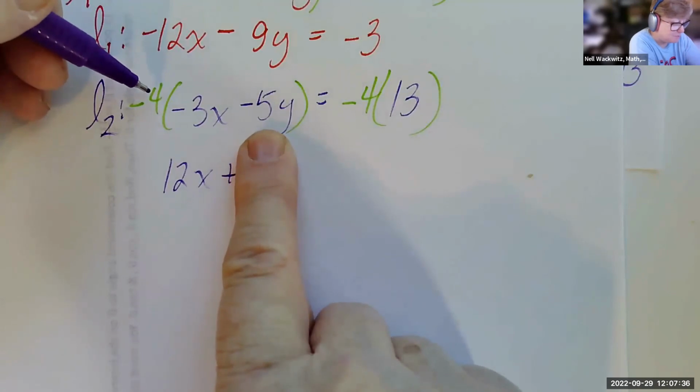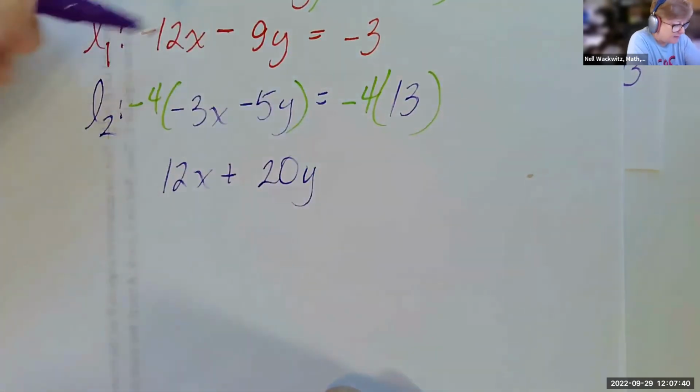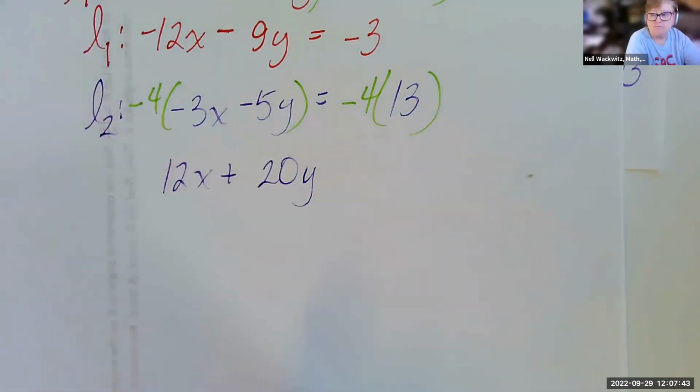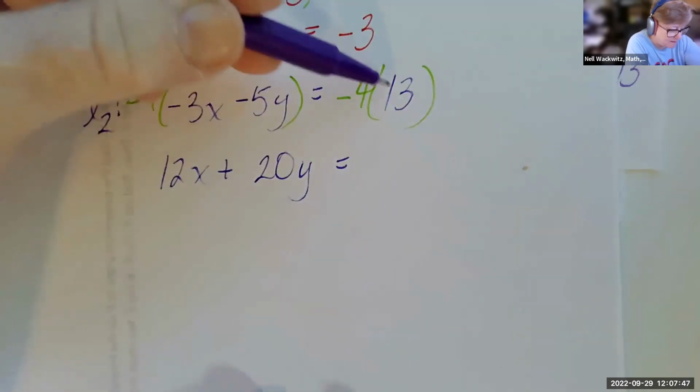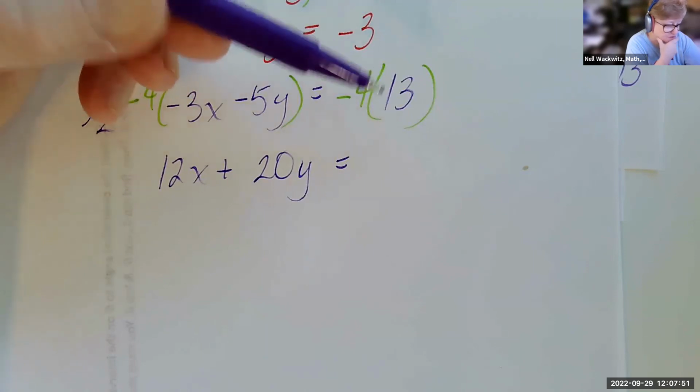Positive 4 times positive 5 is 20. And then negatives, positive. And let's see, 13, 26, 52.